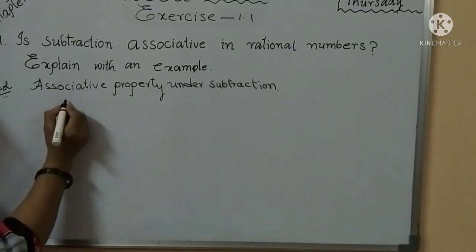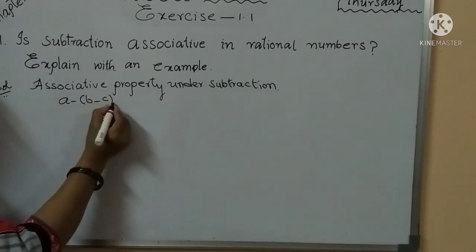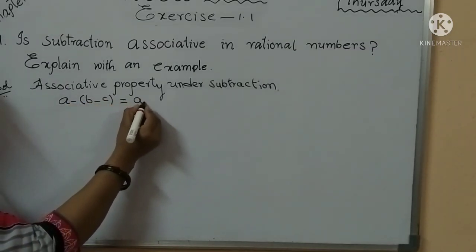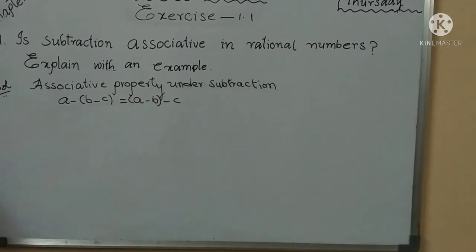What is the equation here? (A - B) - C is equal to A - (B - C). This is the equation.